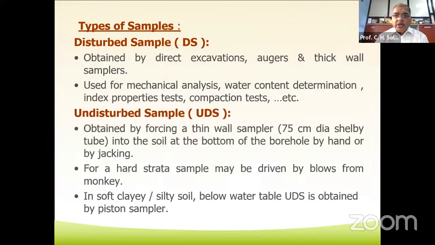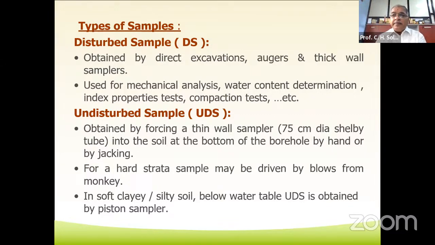Now, you may be familiar with disturbed samples and undisturbed samples. Disturbed samples are particularly useful for mechanical analysis, such as sieve analysis, hydrometer test, determination of water content, index properties, compaction test, etc. So disturbed samples from the site are collected to perform these laboratory tests.